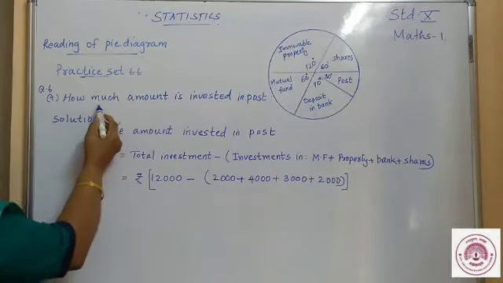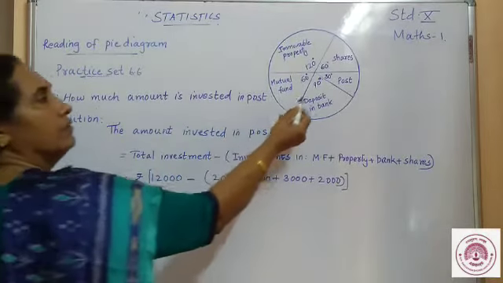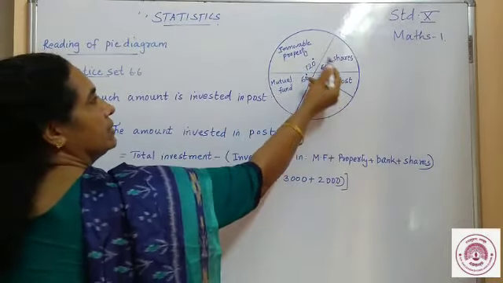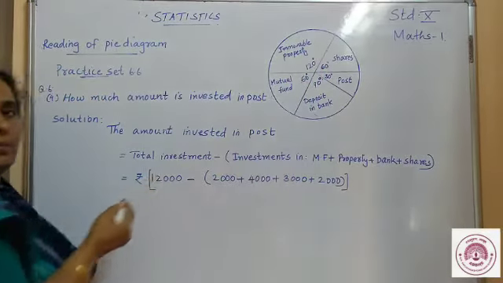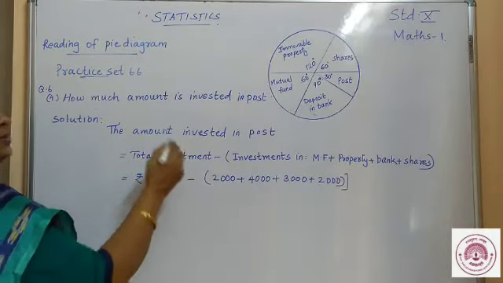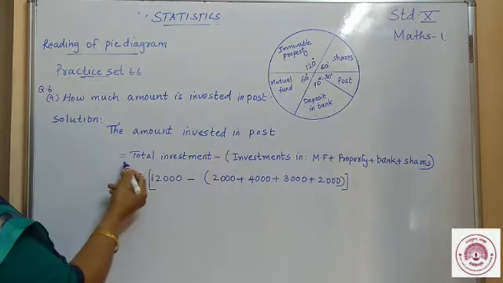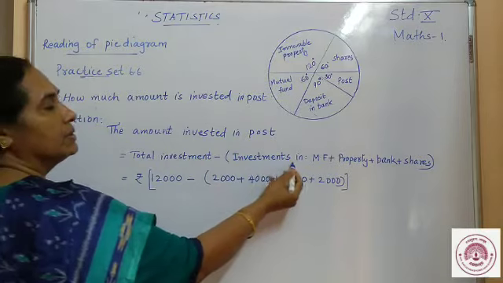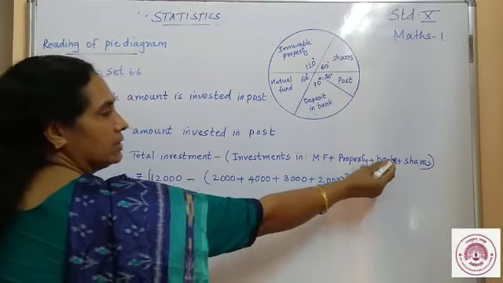Question number 4. How much amount is invested in post? See, we have found out the amount deposited in shares, property, mutual funds and deposit in bank. The total investment is rupees 12,000. So the amount invested in post is equal to total investment minus investments in mutual funds plus property plus bank plus shares.